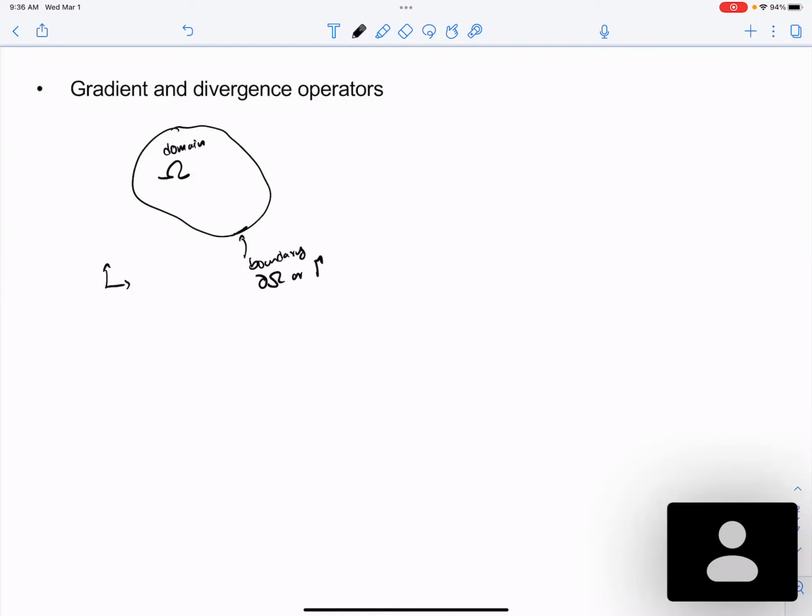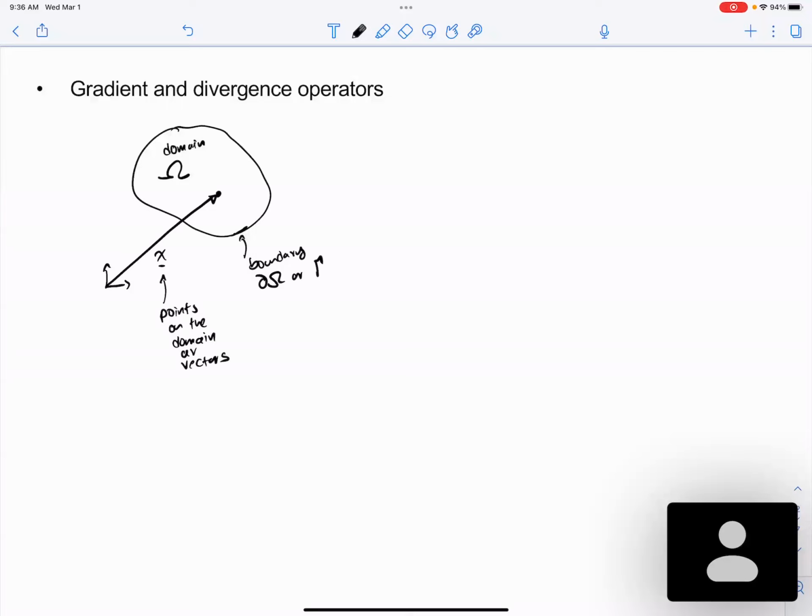So points in the domain, we're gonna denote with x. I'm gonna use this x underscore to denote the vector. So points on the domain are vectors.